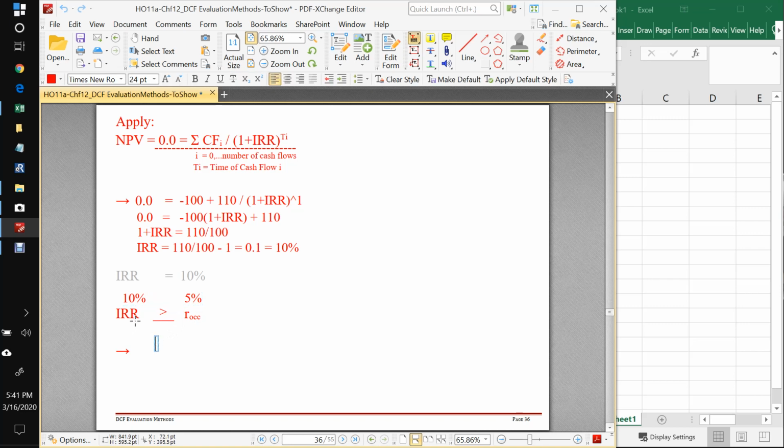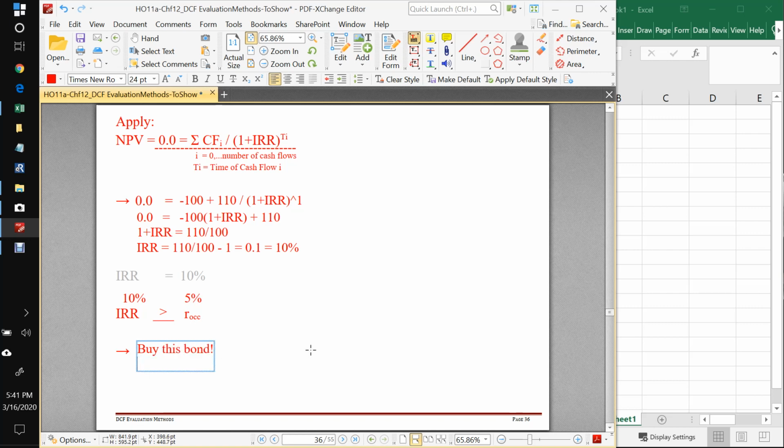So when the IRR is greater than our opportunity cost of capital, it means if we put our money into this deal, we're going to be earning more rapidly than we would be with our cost of capital. So that means that we want to buy this bond.